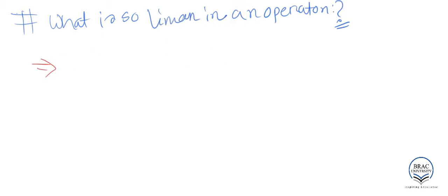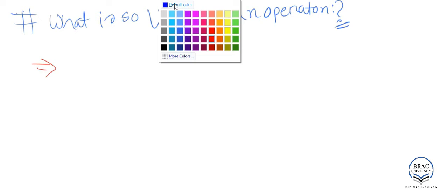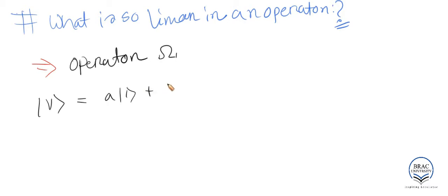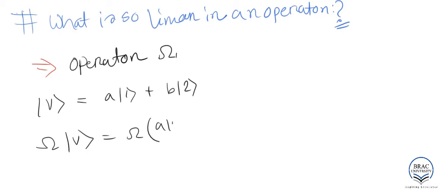Linearity will correspond to the following. Let's say you have an operator omega and you have a linear combination of vectors, written as v equals, let's say, a1 and b2, just like this. So when you act on v with omega, this will be the following.